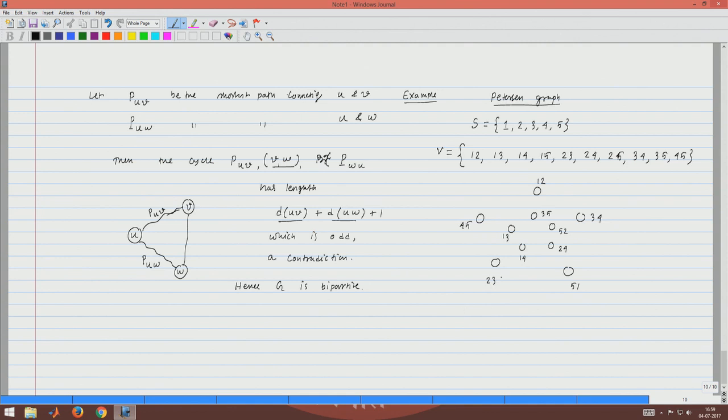There will be an edge between two vertices only if the intersection of the corresponding sets is null.